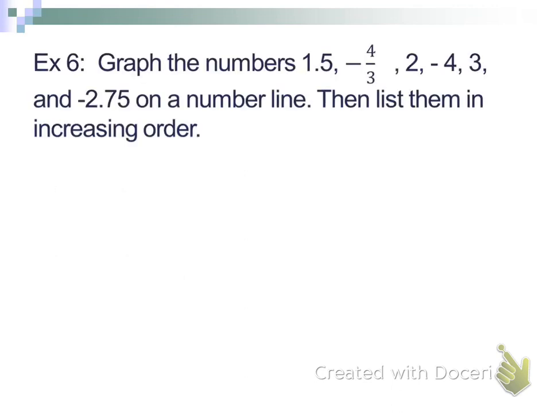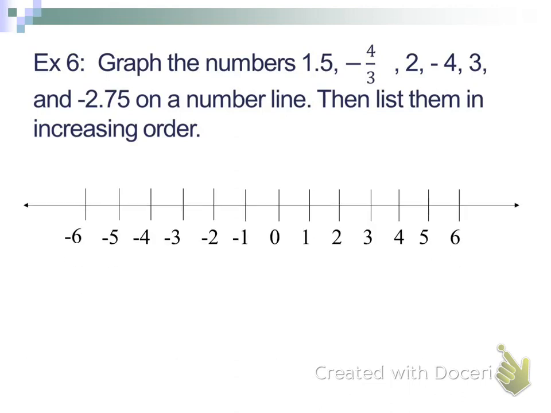All right, here is example 6. We want to graph these numbers on a number line. Then list them in increasing order. All right, so just go number by number. 1.5, that's halfway between the 1 and the 2.